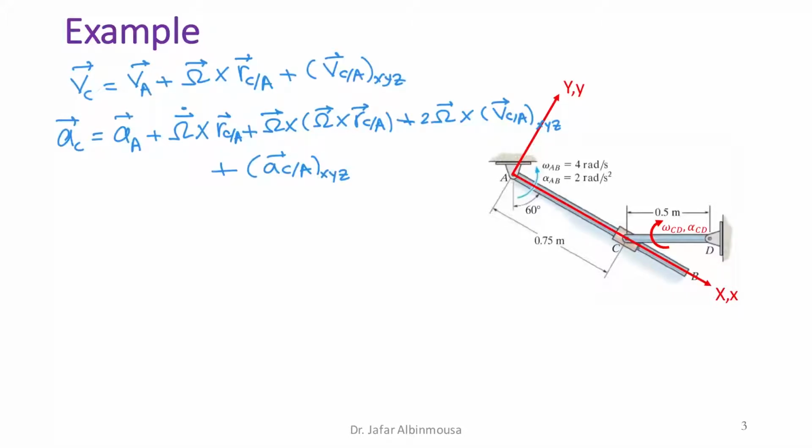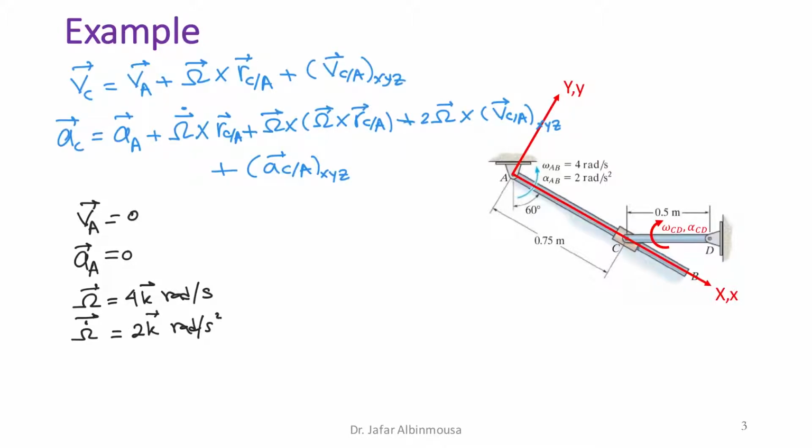So this is to simplify the calculation. Now, if we analyze the terms in those equations, we have VA equal to 0, AA also 0, and then capital omega, which is equal to 4k radian per second, and capital omega dot, sorry, I forgot to put the arrow for the vector, which is equal to 2k radian per second squared.